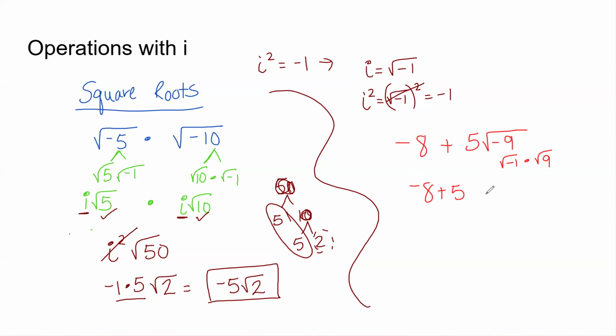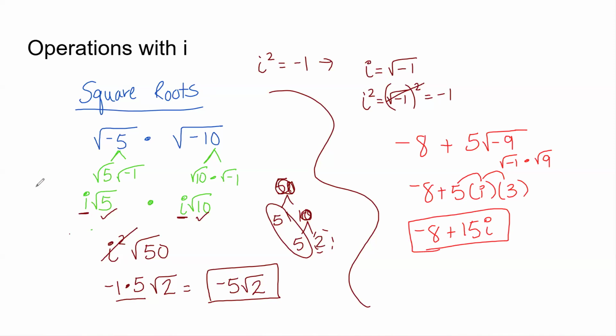You can always pull it out like that. But root -1 is i, and √9 is 3. So this is -8 plus, multiply, 15i. Do not combine them. They are not like terms. That's the best we can do.